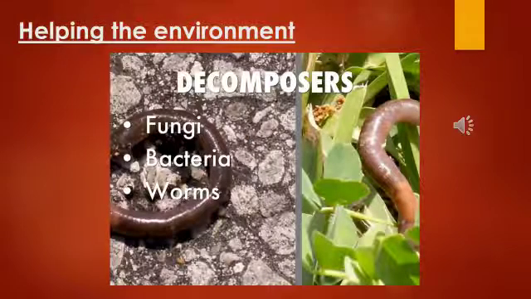The next benefit is helping the environment. See, these microorganisms even help the environment. How? The most significant role played by microorganisms like bacteria and fungi is the decomposition of organic remains and waste materials on the earth.